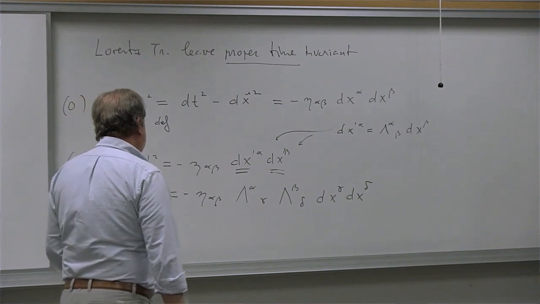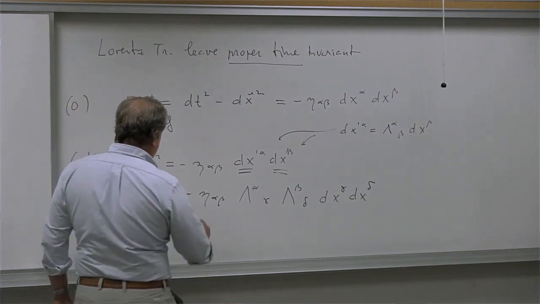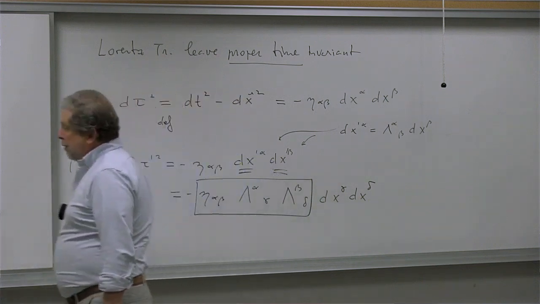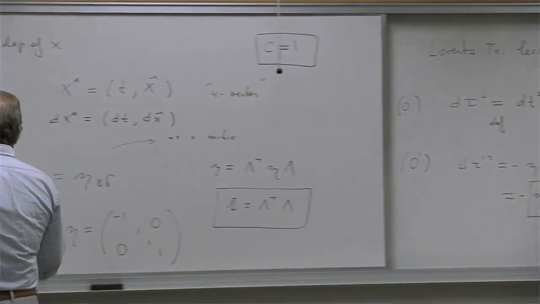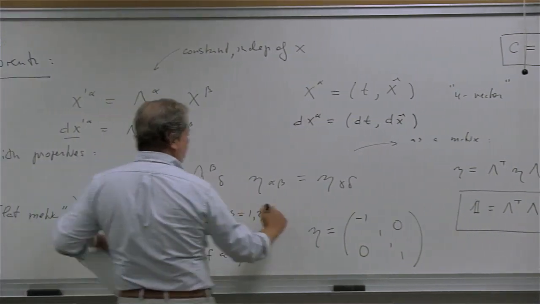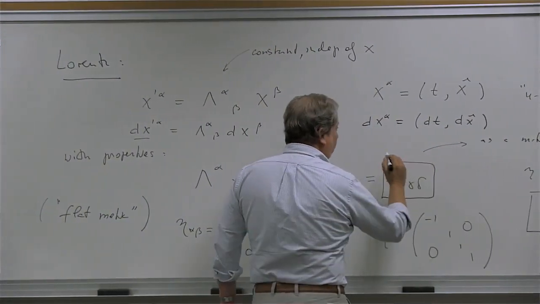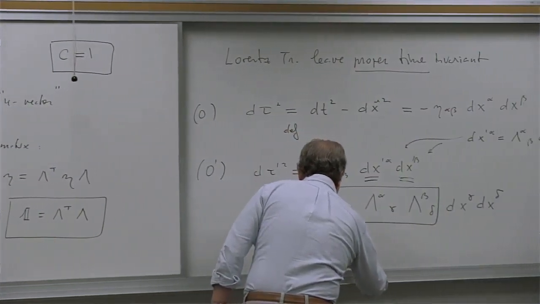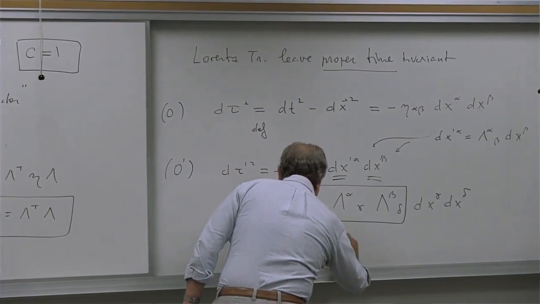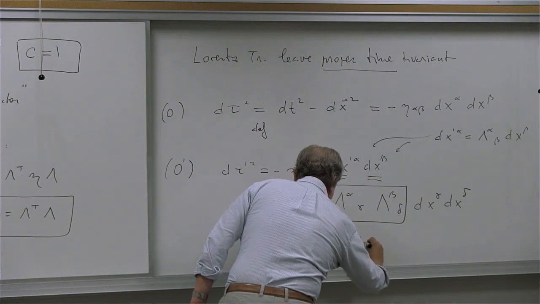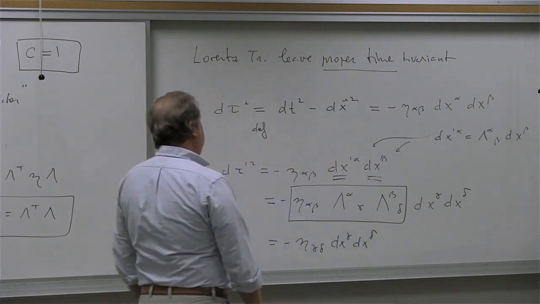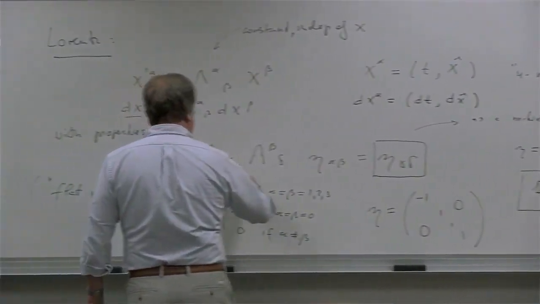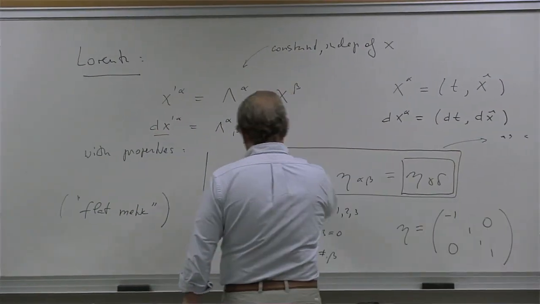But now I do know, what do I know? I do know that this is equal to that. So this is equal to minus eta gamma delta times dx gamma dx delta, because of this fundamental relationship right here.